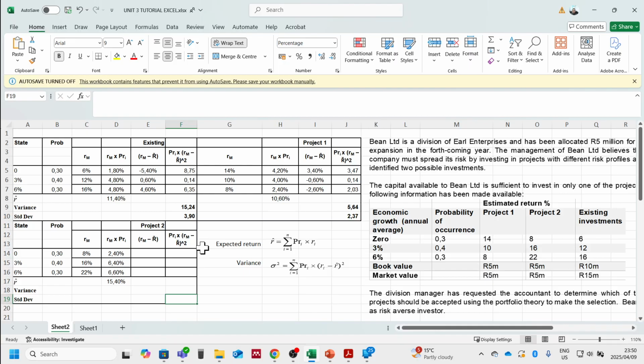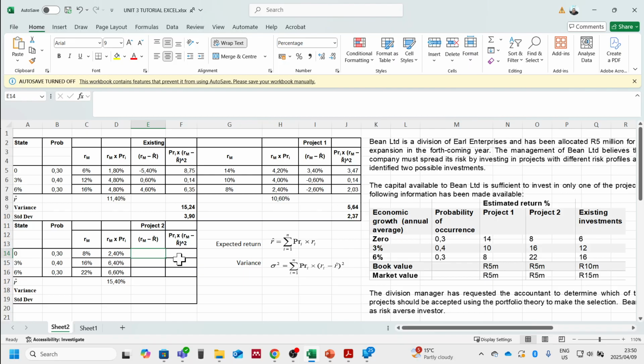We are not acquiring, this is just an additional project on the existing one. So we cannot use the coefficient of variation. However, we can only use the portfolio risk and portfolio return to assess if this project will actually add value.